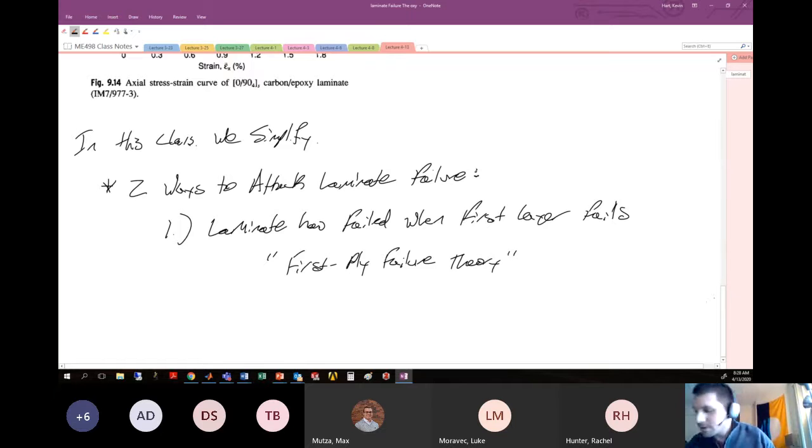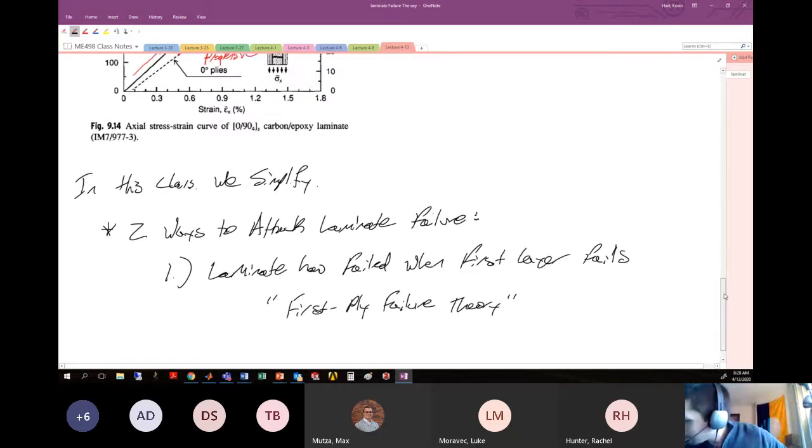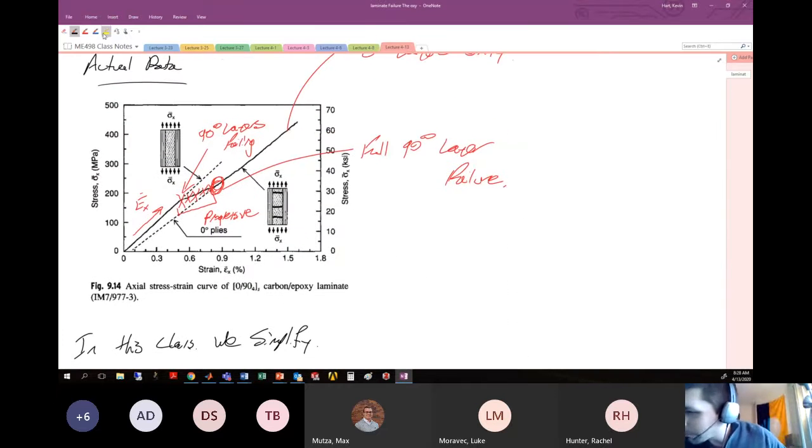Okay, so if we go up to the actual data and to our theoretical stress strain, then by first ply failure theory, the laminate would have failed right when this guy starts to first show failure. Okay, so this here would be our first ply failure.